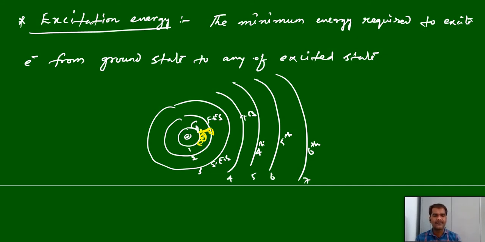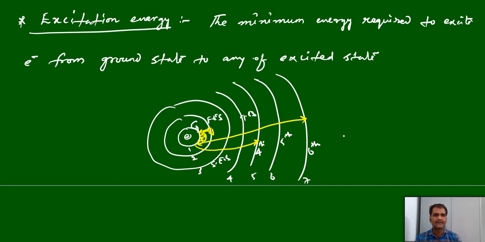That energy we can call first excitation energy. Again, if you transfer the electron from here to the fifth shell, then this energy we can call fourth excitation energy. Or if you transfer the electron from here to here, this is called sixth excitation energy, and so on.